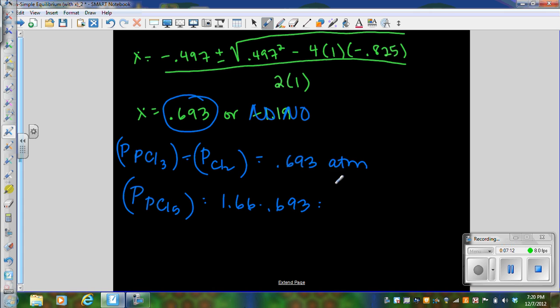So if we do that, 1.66 minus 0.693, we get 0.967 atmospheres.